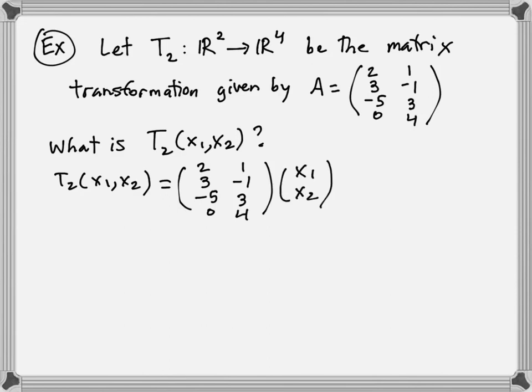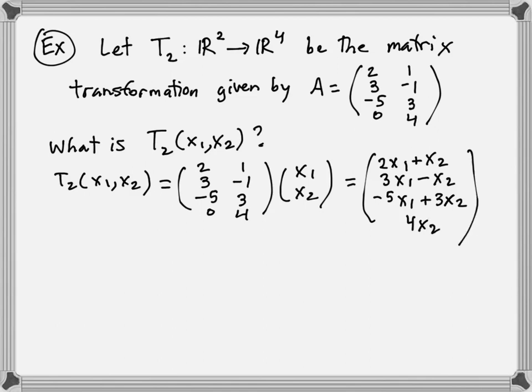How do you do a 4 by 2 times a 2 by 1? The answer is going to be a 4 by 1. This is going to be 2x1 plus x2, 3x1 minus x2, -5x1 plus 3x2, and 4x2. What this means is that if we want to write it not in column vector form, this is what we get.